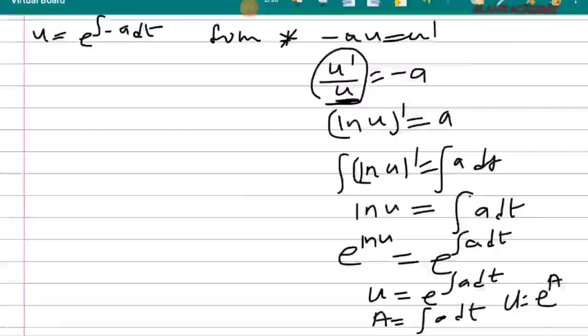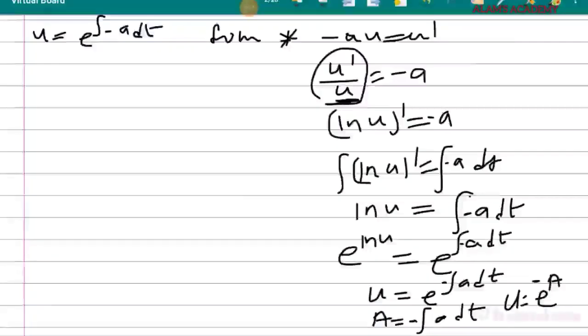But before I forget, this is negative, so the negative affects this, the negative is here. Sorry for the inconvenience. So here is negative, it means that I'll have negative A here.